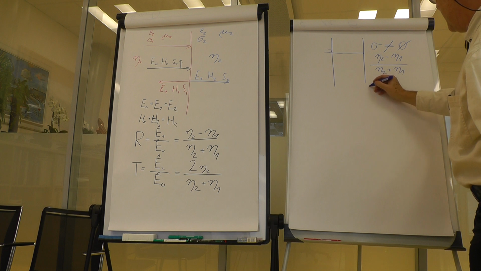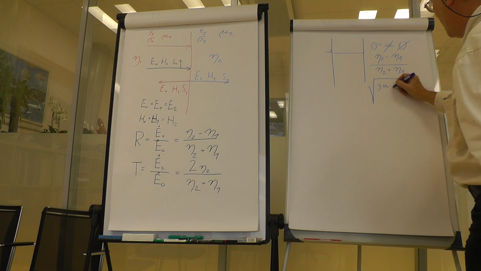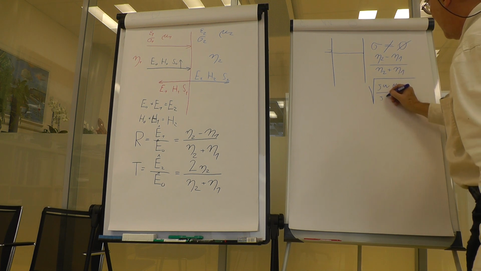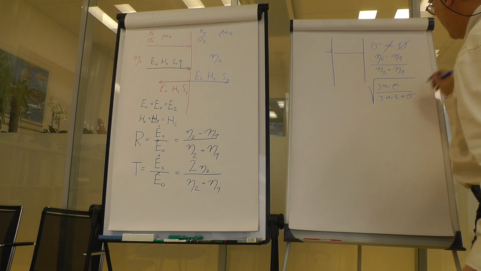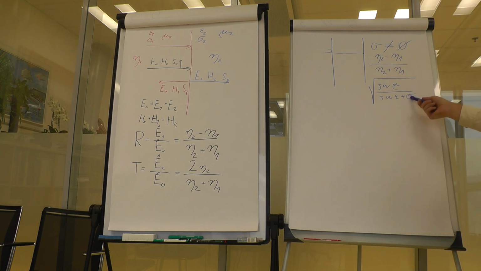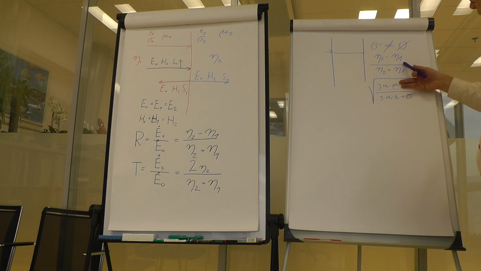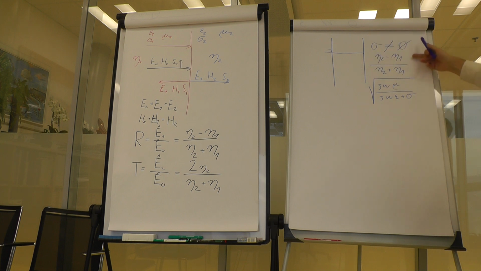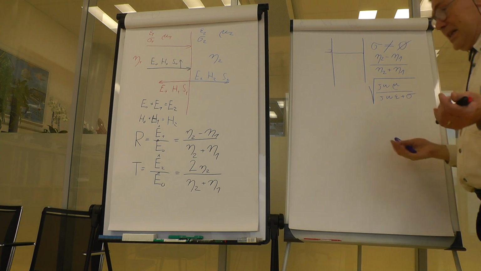But the problem is that the impedance is given by a square root of j omega mu over j omega epsilon plus sigma. And now if you have there a non-zero conductivity, you get losses, but this number is complex. You have a real numerator and a complex denominator. This number is always complex. Then you can't ever get here a zero reflection coefficient. So then you have a problem.